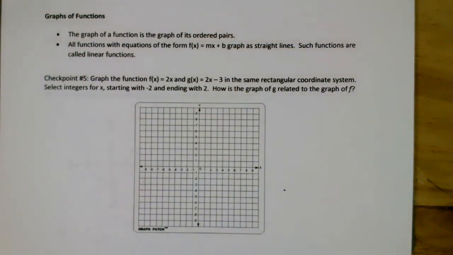The graph of a function is the graph of its ordered pairs. All functions with equations of the form f of x is equal to mx plus b graph as straight lines, and such functions are called linear functions.